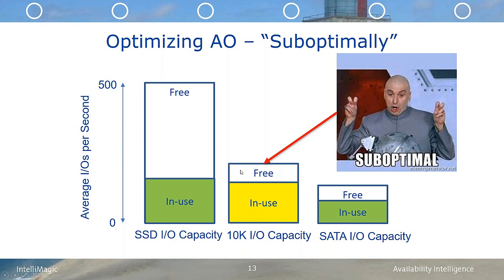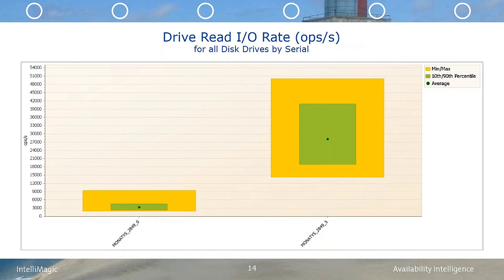And then on your 10Ks you could do maybe 150 IOPS, and on your SATA or nearline maybe 100. Now, if you're only running at 20% performance capacity on your SSDs, you're not really taking advantage of those very well. You'd want to use more.